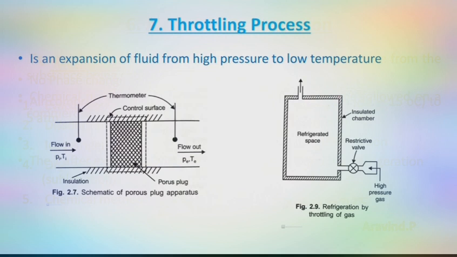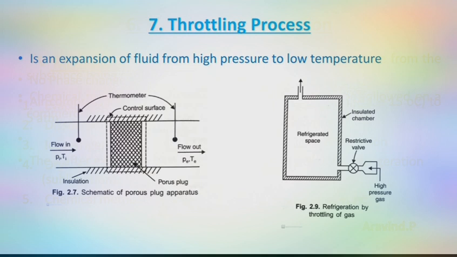As you know, throttling is an irreversible process, which involves degradation of energy, that is dissipation through turbulence. Figure 2.9 represents the simplified arrangement of refrigeration by throttling of a gas.